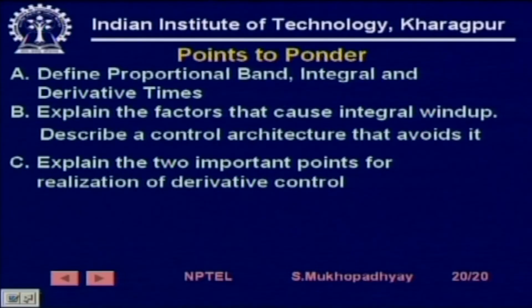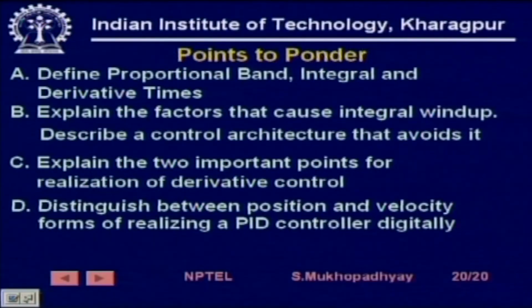And we have discussed in this lecture two control architectures which will avoid integral wind up. So, how to avoid that? And then we have seen that while you are implementing derivative control, you have to take care of two points such that you do not add unnecessary disturbances and shocks to the plant. So, what are they?